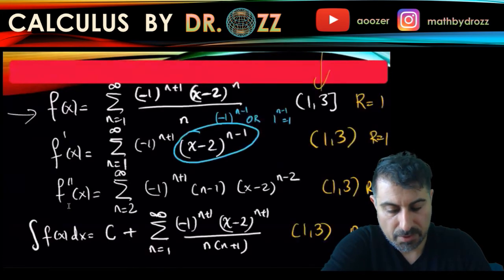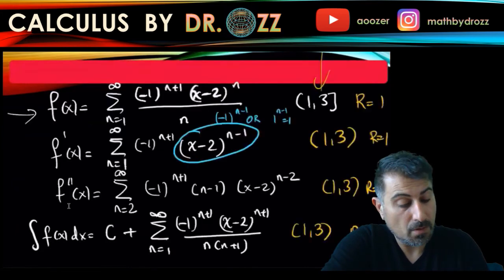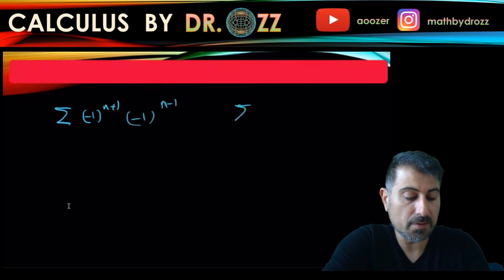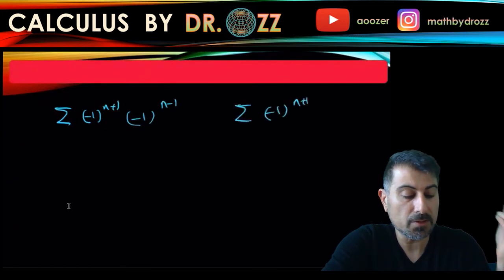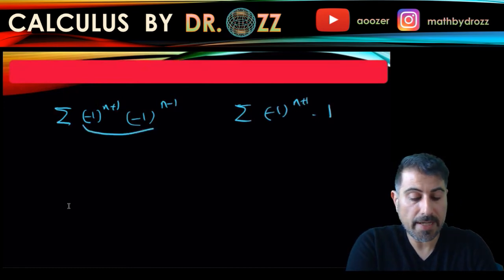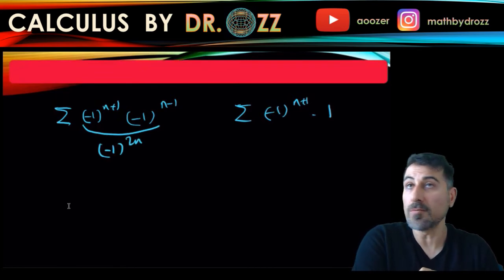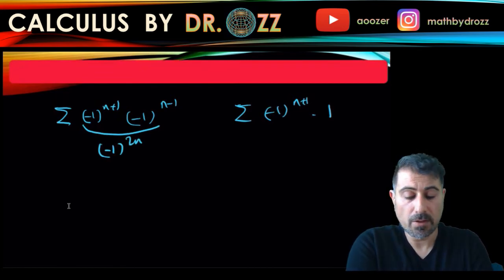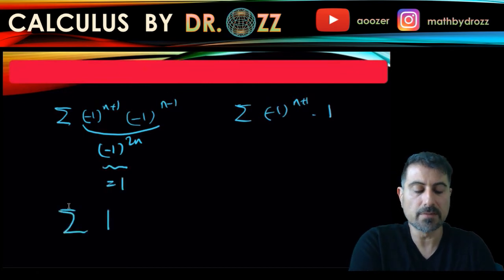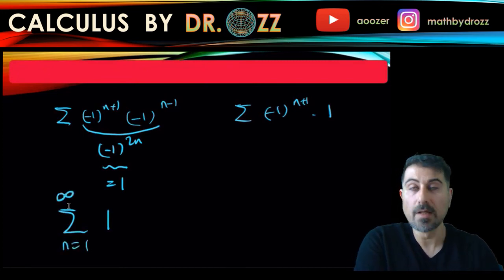Minus 1 to the n plus 1 and minus 1 to the n minus 1 versus minus 1 to the n plus 1 just times 1, right? So what does this add up to? Minus 1 to the power of 2n, which is always an even power. So this is equal to 1. So you're talking about series 1, starting from, let's say, 1 to infinity.